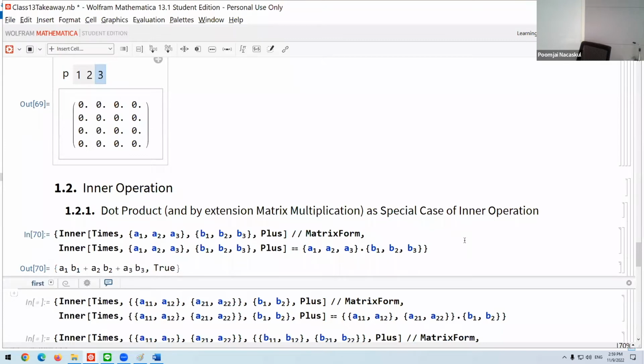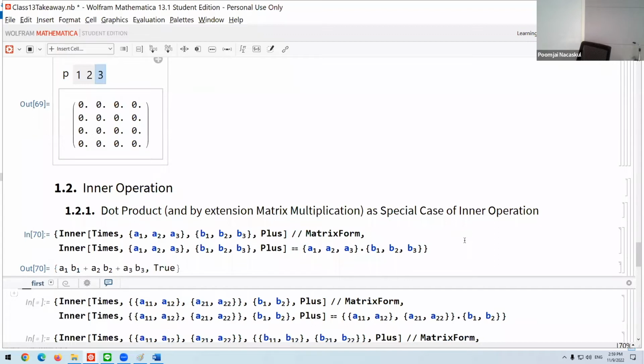So what essentially happens is A1 times B1, A2 times B2, and A3 times B3, and then you add.